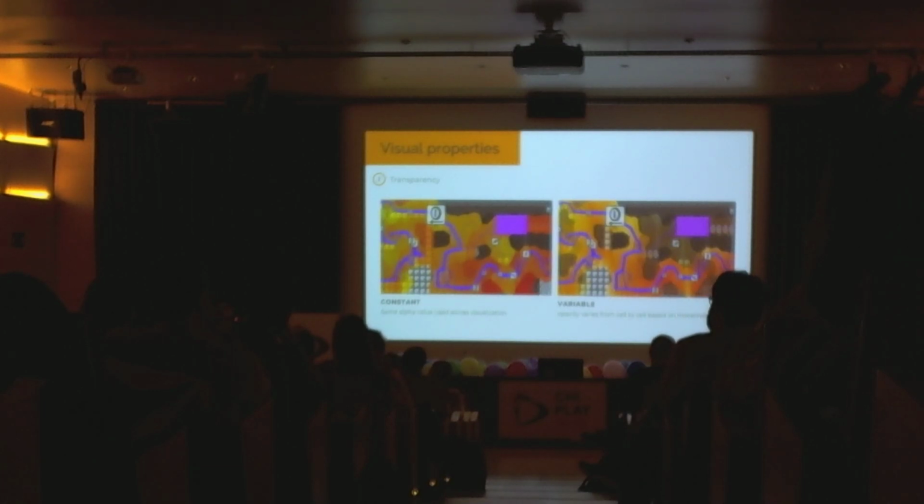The second property is transparency of the tessellated region, which is either constant, meaning that the same alpha value was used across the whole visualization, seen on the left diagram, or variable, meaning that the opacity varies from cell to cell based on the amount of movement happening within a cell, as you can see on the right.